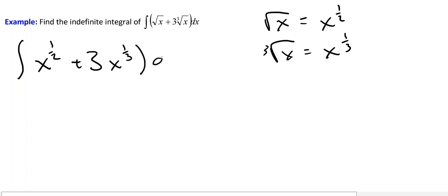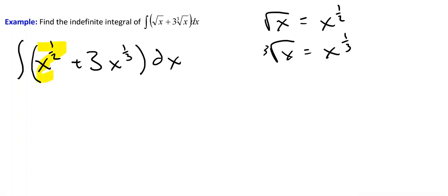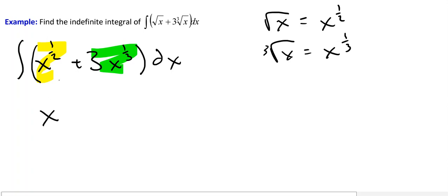Now we can apply the power rule to each one of these terms. So we would have x to the 1/2 plus 1 would be 3/2 divided by 3/2 plus 3x to the 1/3 plus 3/3 would be 4/3 divided by 4/3 plus c. And of course, we're not going to keep it like this.